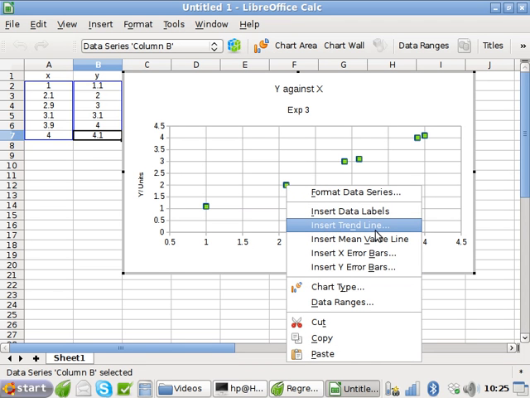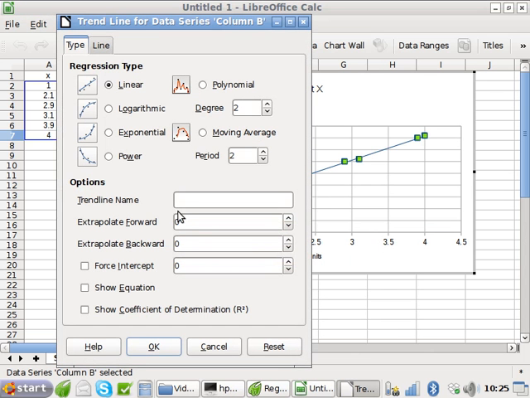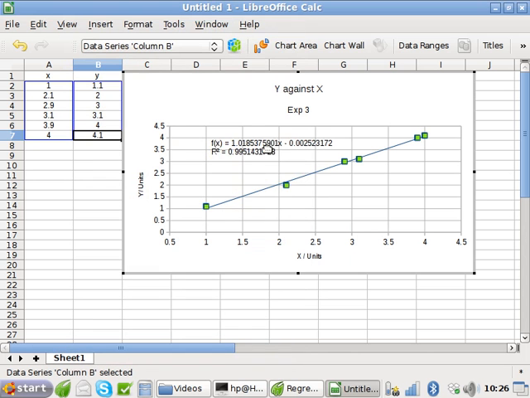In Excel, it's not called best fit line, it's called trend line. Make sure you have this highlighted, and it would be nice to have the equation and the coefficient as well. I'll explain them in a moment. Let me move them a little bit over to here.